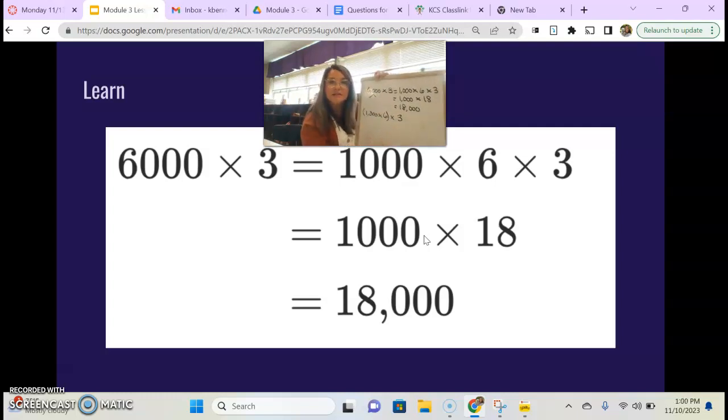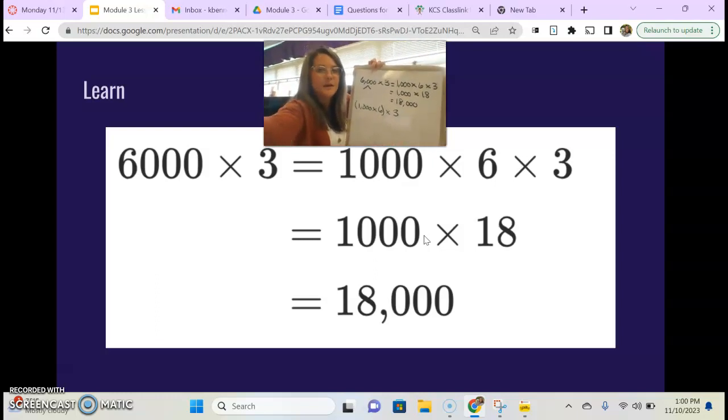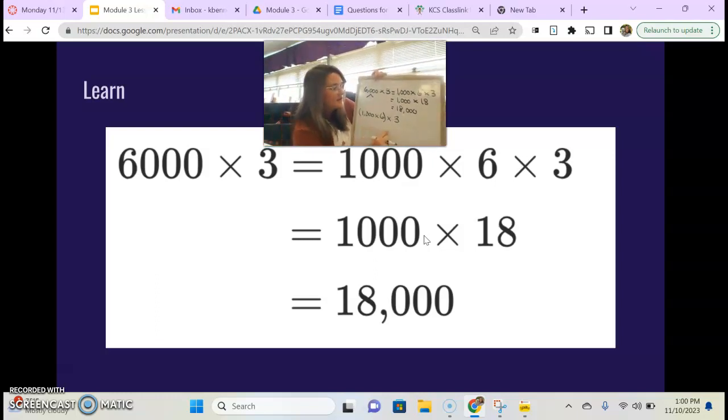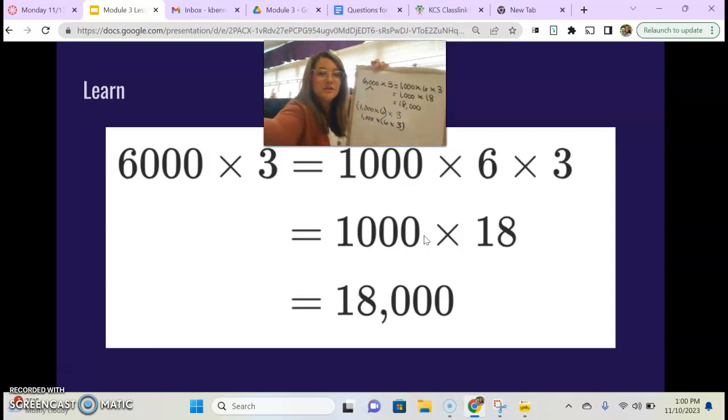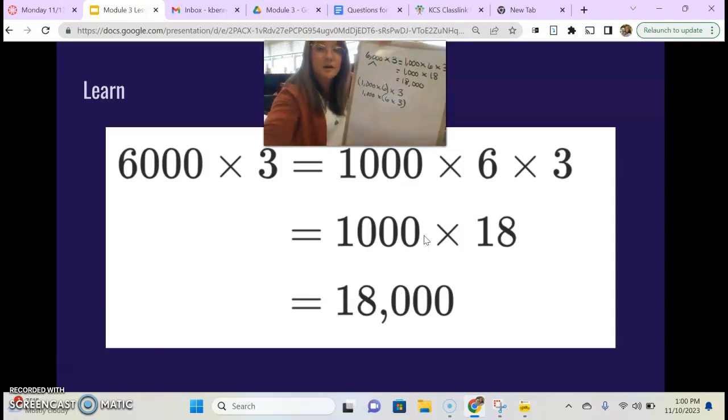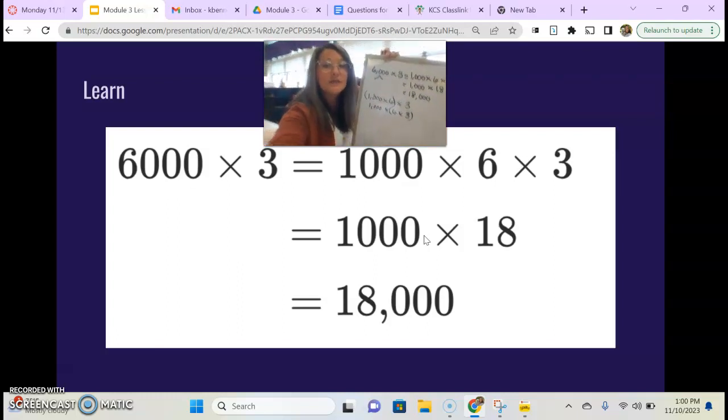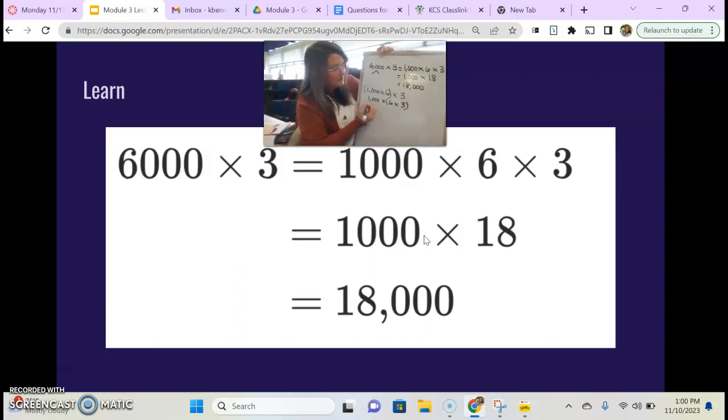Oh my goodness, it looks like our distributive property. Actually, I can use the associative property and move the parentheses and put 1,000 times 6 times 3, but solve 6 times 3 first. This strategy you are doing in your head, or you are already doing, it's just showing it in equations.